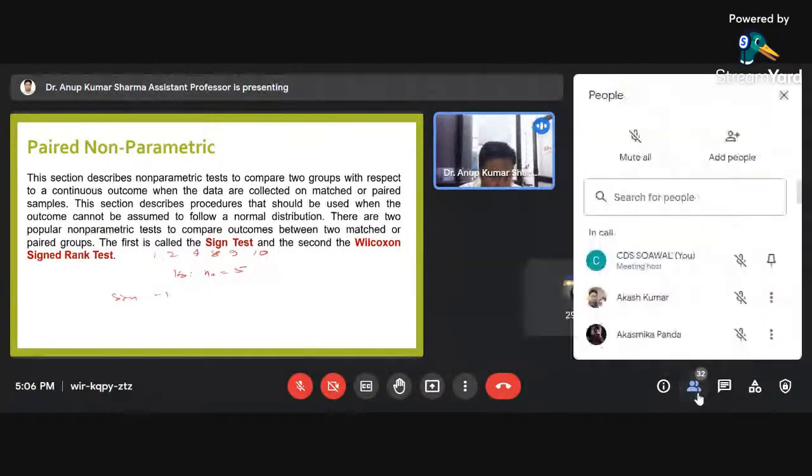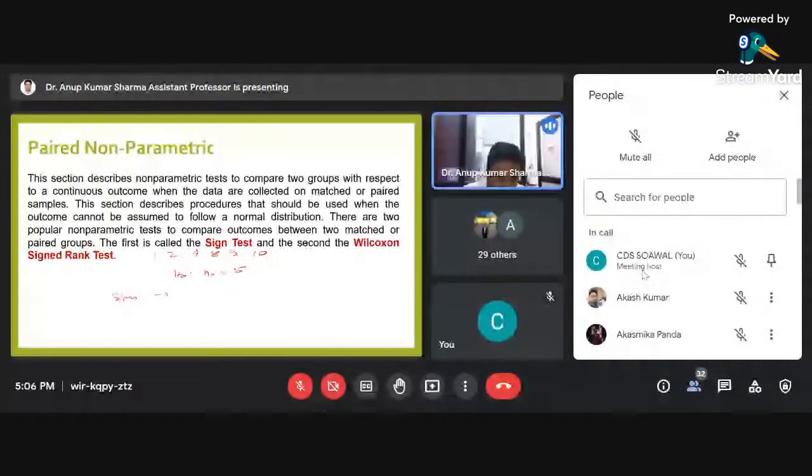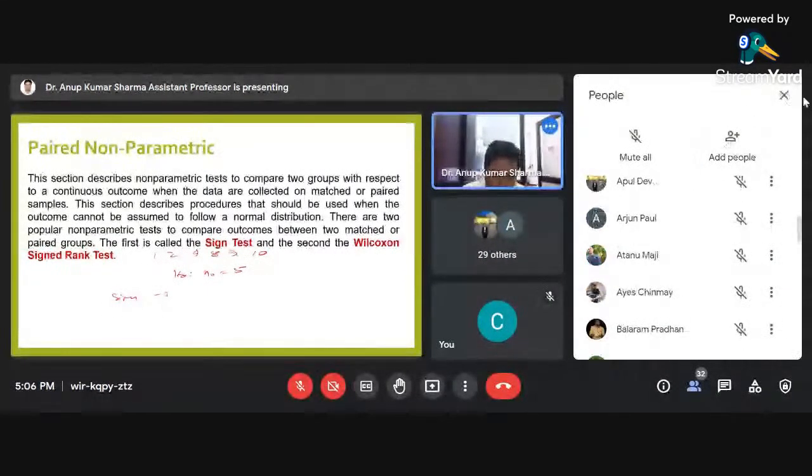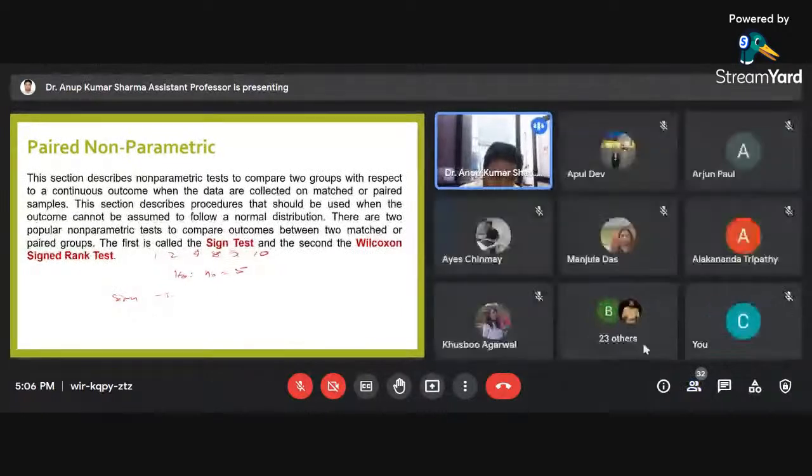Next, 2 minus 5 is minus, and 4 minus 5 is minus. 8 minus 5 is plus. We get a positive value, but we write only the sign. Very simple test: this is plus, and again plus here. Now we count the number of minus signs and plus signs, and on those signs we check the test.